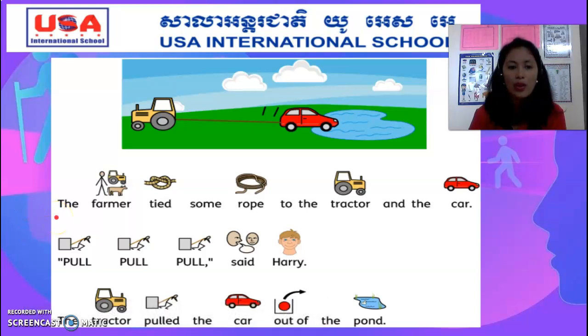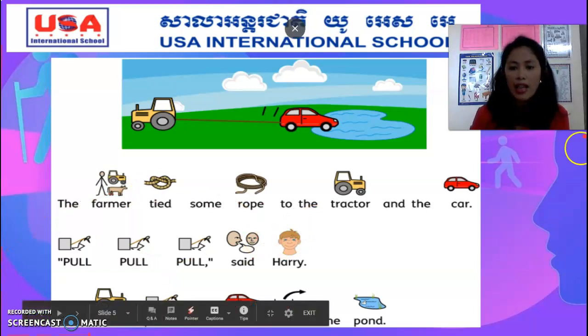Here is the tractor, here is the car, and this is the rope, and this is the pond. A pond is a small portion of water. Here is the farmer who works in the farm. The farmer tied some rope to the tractor and the car.